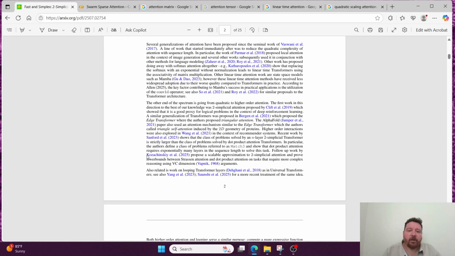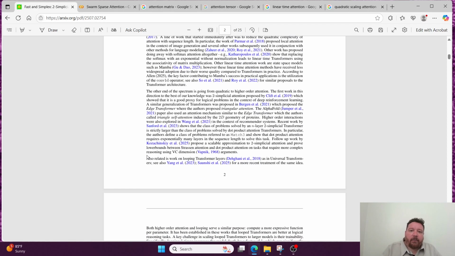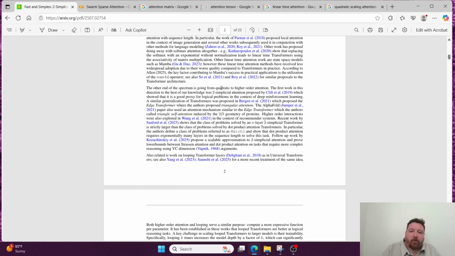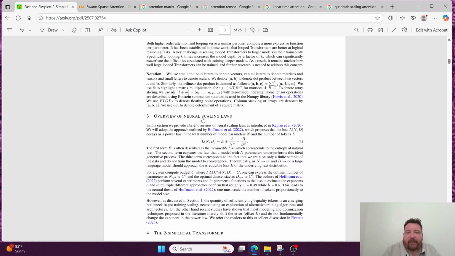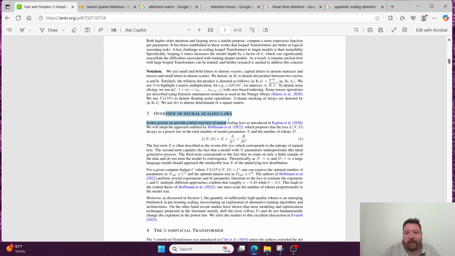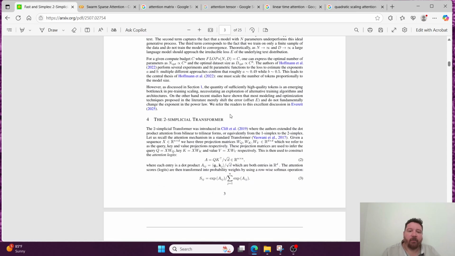The first thing they outline is this whole quadratic attention problem and how it works, and outside of that we have neural scaling laws: if the world were perfect and we had access to unlimited data, then we could scale without limit. But we don't have unlimited data, and our current models utilize this attention matrix that we're looking at here.